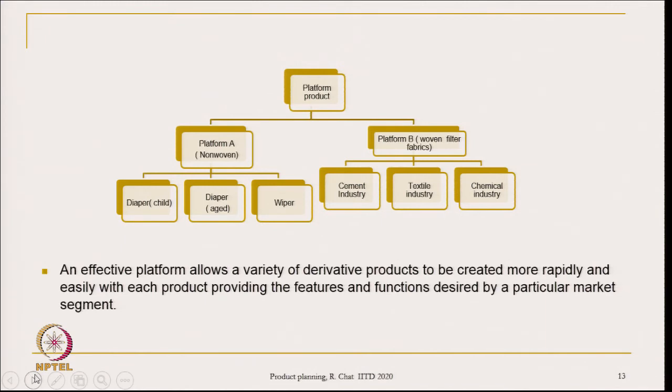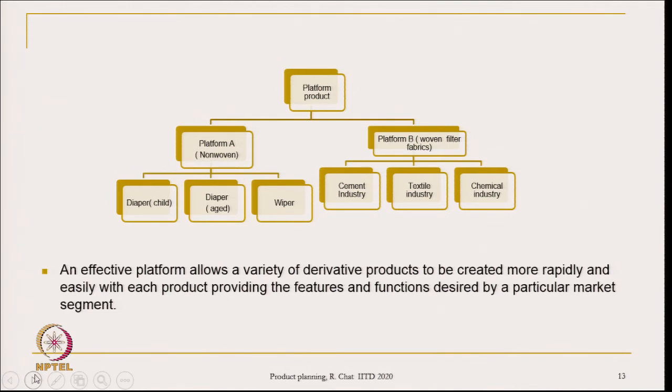Suppose we have woven filter fabrics, that is, we have a filter fabrics making unit and we ultimately make some woven filter fabrics. These fabrics can go to the cement industry, textile industry, chemical industry and other industries also. So, the same platform is used to serve different types of industry.